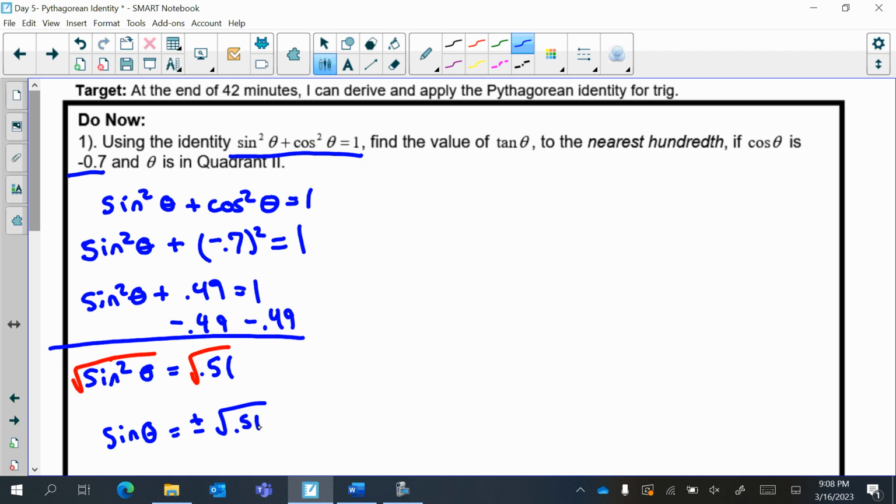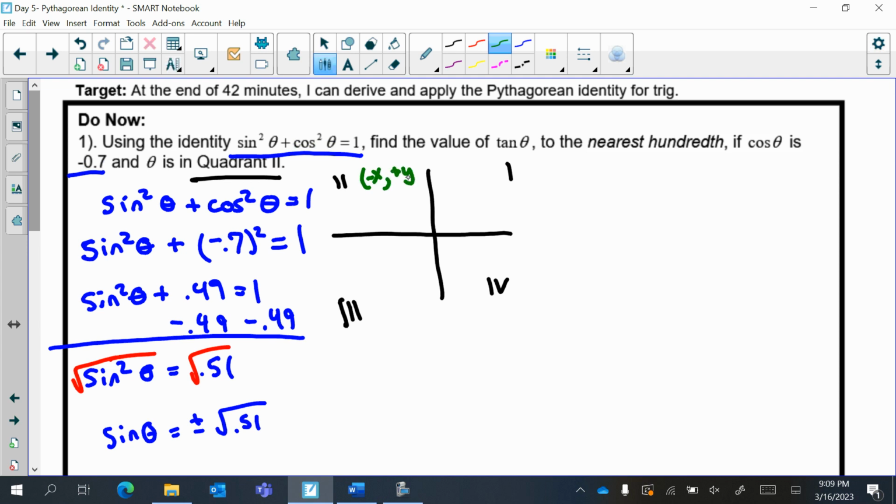So the question is, do we have positive sine or do we have negative sine? And what you're going to do is use the next piece of information. They're telling you you are in quadrant 2. So your quadrants go like this: 1, 2, we wait for my pen to work, 3, and 4. And in the second quadrant, we have negative x and positive y.